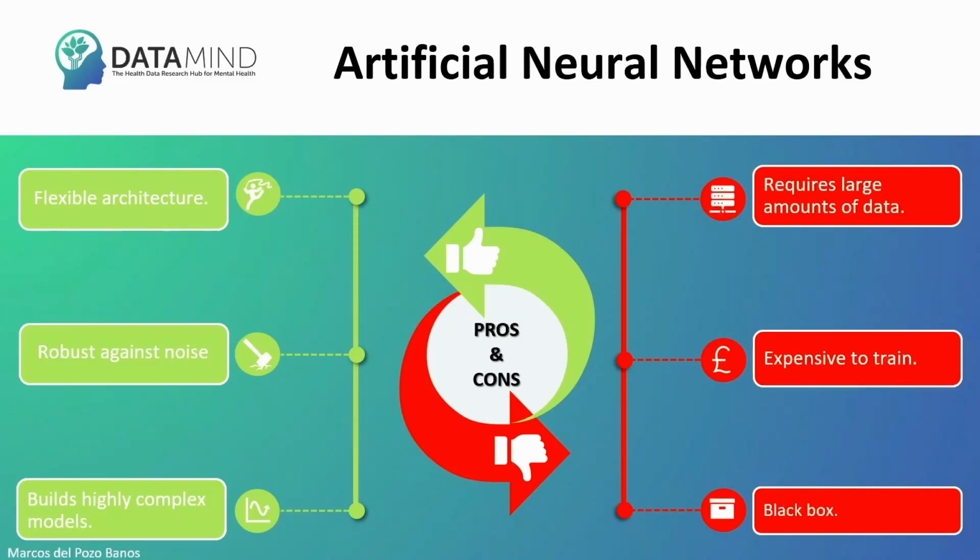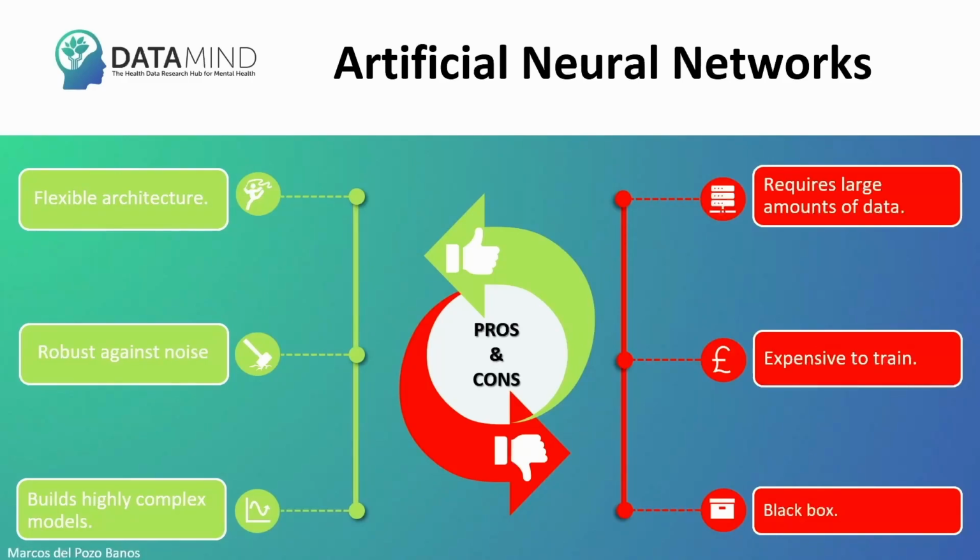Artificial neural networks, generally speaking, are quite robust against noise, and they can build very complex input-output models. And this is perhaps the most desired quality of artificial neural networks.